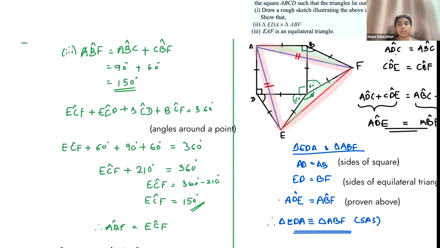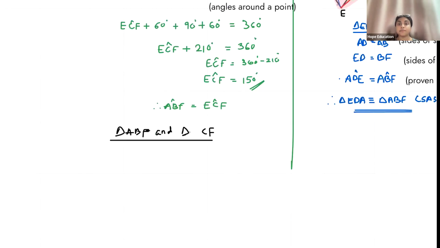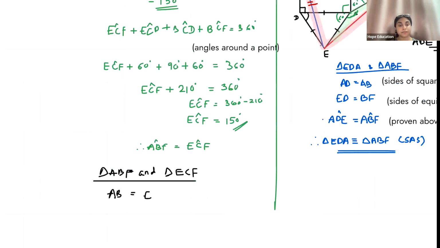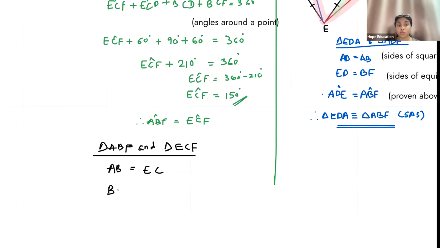The sides are equal. AB equals EC. Then BF equals CF. Also equal to, we can prove that these two triangles are congruent under the SAS case.